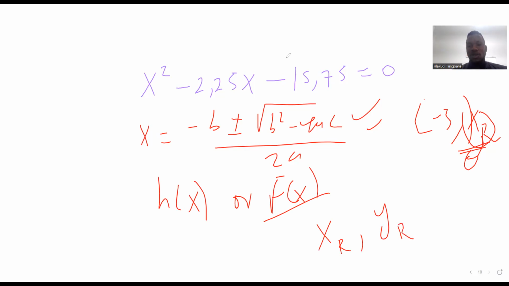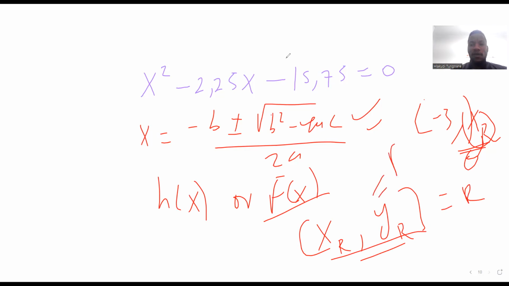That's going to be the answer you're looking for, the coordinates of r, where y of r is f of xr, or h of xr. That's essentially how you get the coordinates of r. The principle is that one.